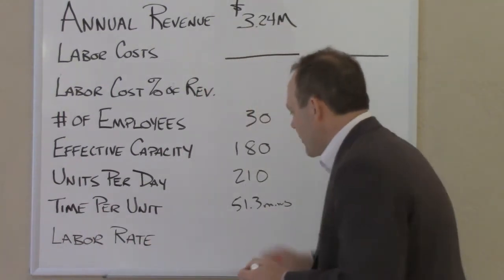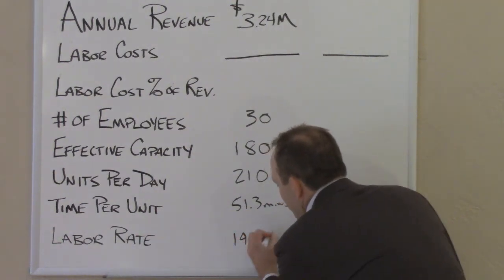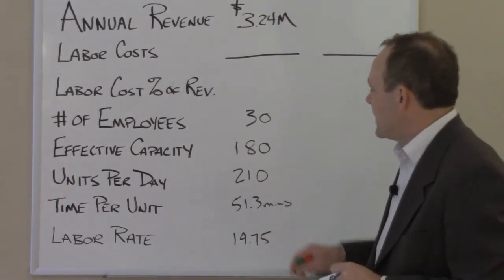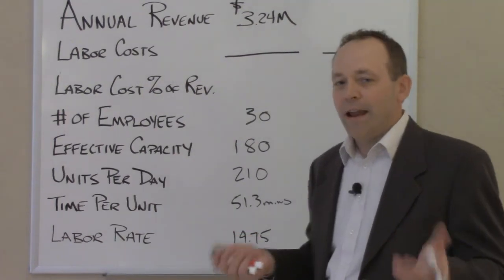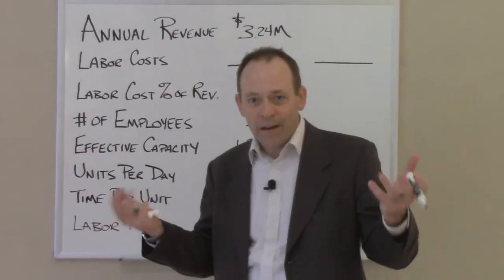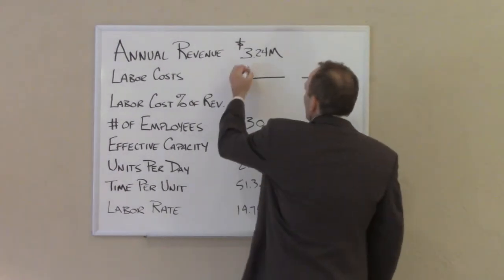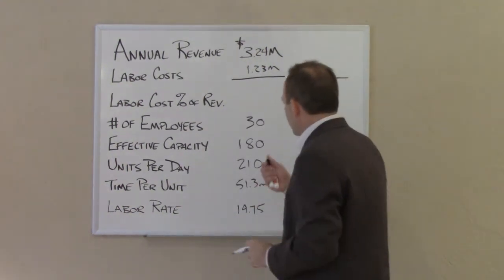In this case, our burdened labor rate is $19.75 per hour. So if I take that $19.75 and multiply it by the 30 employees, and then multiply it by 2,080 hours, which is how much you pay an employee every year, I come up with a pretty sizable number of $1.23 million in labor costs per year.